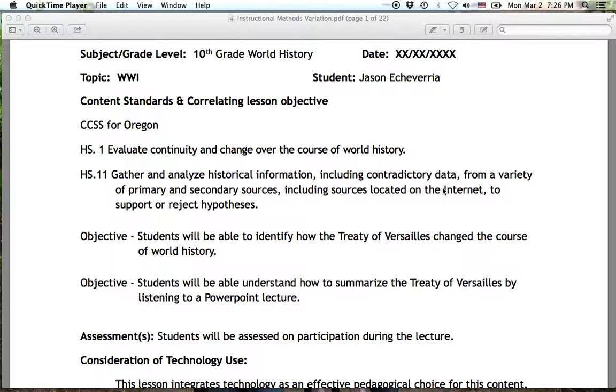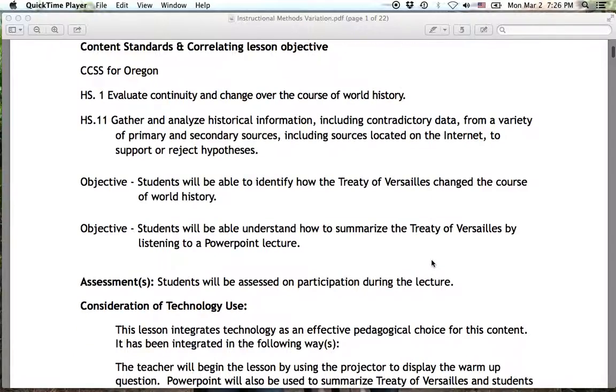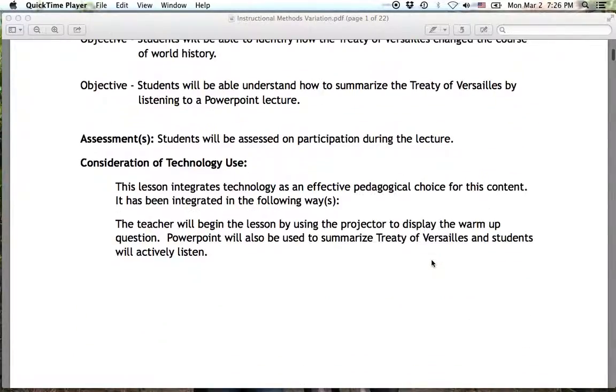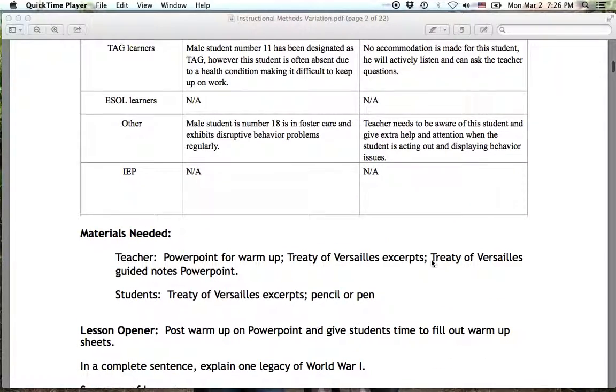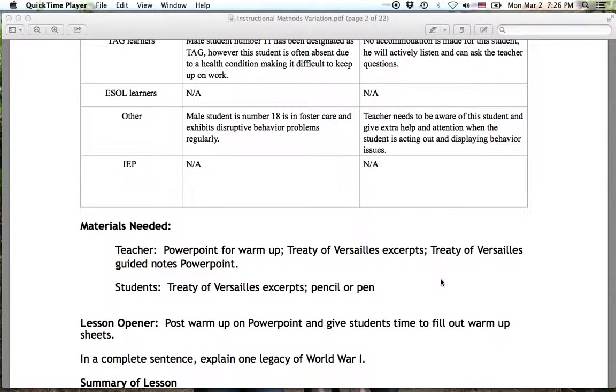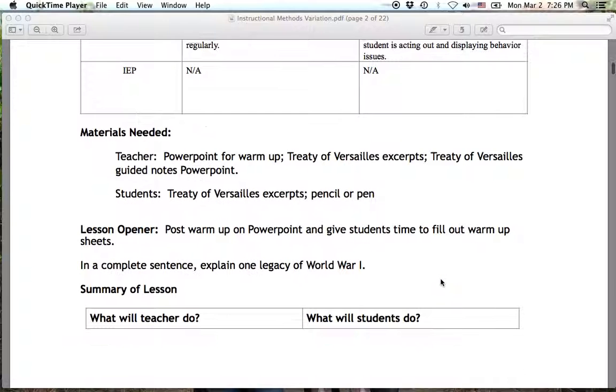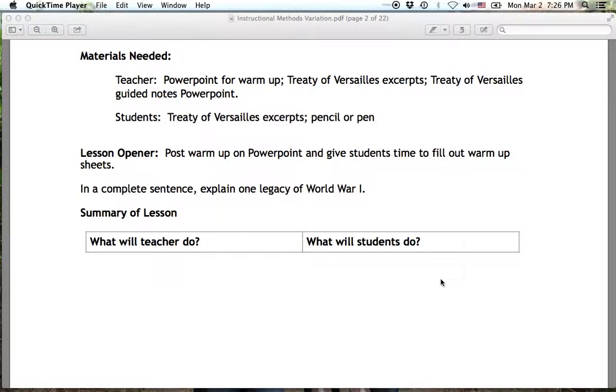This one particularly, the second objective, says students will be able to understand how to summarize the Treaty of Versailles by listening to a PowerPoint lecture. So this is the direct instruction method, where the teacher would basically just go through the PowerPoint presentation, which has some excerpts from the Treaty of Versailles, and the students would take notes.